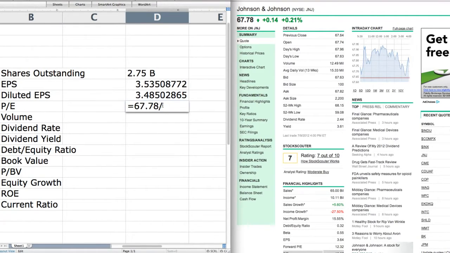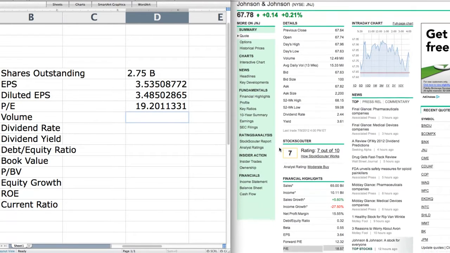So we'll hit the division sign, and our EPS is 3.53. I'm just going to use the standard EPS and not the diluted. When I hit enter, it's 19.20. It's actually 19.20 with no units because you're dividing dollars by dollars. But if you're going to say the sentence, you could say, for every $19.20 I spend on this company, I can expect $1 a year later.